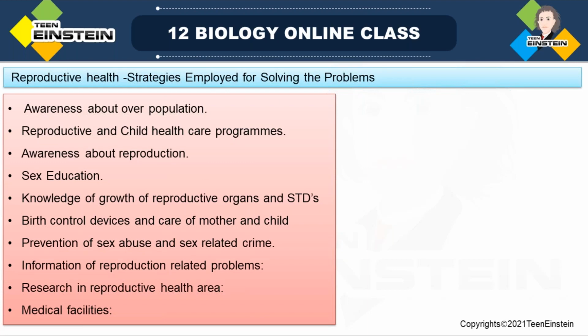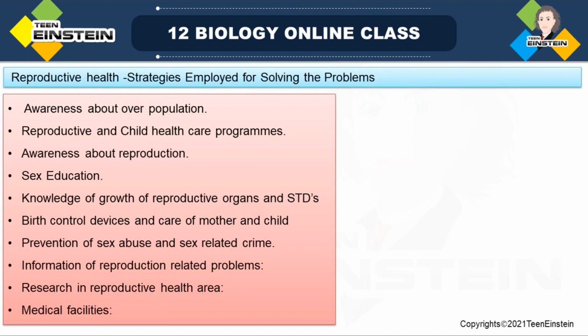Then knowledge of growth of reproductive organs, then sexually transmitted diseases. Proper information about the reproductive organs, then adolescence. Adolescence means the rapid growth period between childhood and adulthood, right? They will be moving from one stage to another, and in that stage they should get proper awareness about all this.